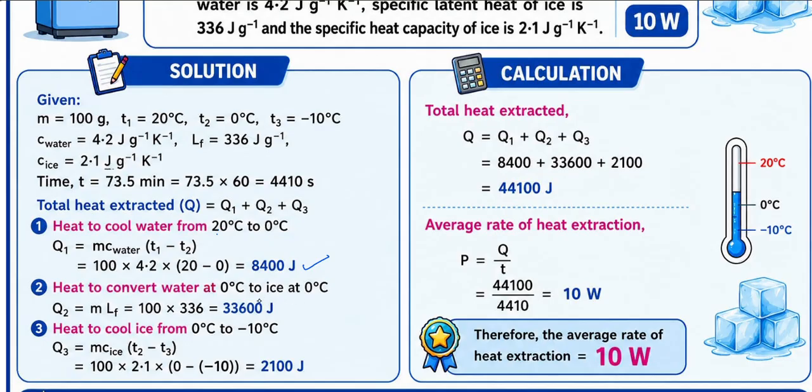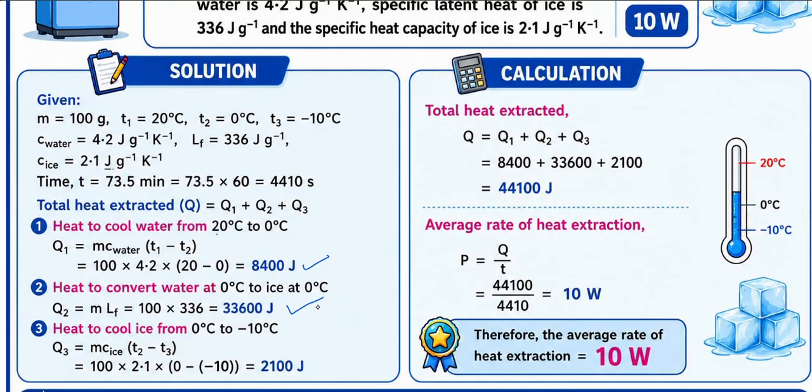There are no different temperatures; the temperature is constant, so we cannot apply the previous formula. We apply the formula Q equals mLF, where Q is heat extraction, m is the mass of water, and LF is the specific latent heat of fusion of ice, given in the question as 336. Putting the values, mass 100 and latent heat 336, we get the heat extraction during the change of state, which is 33,600 joule.